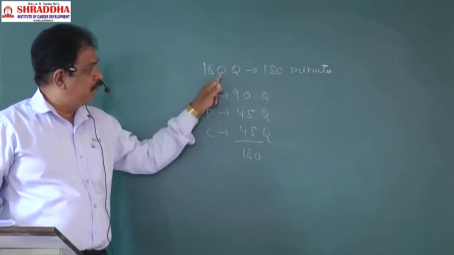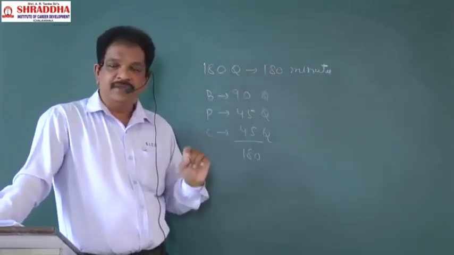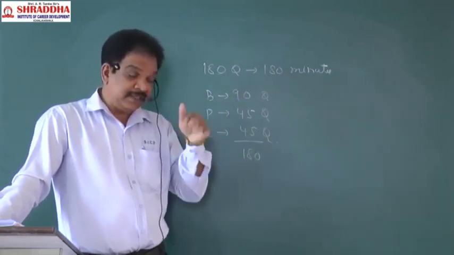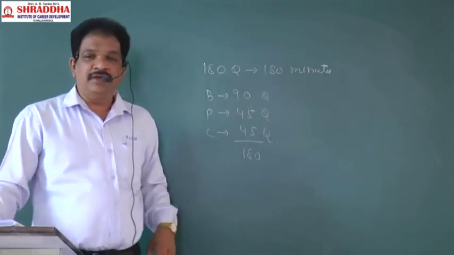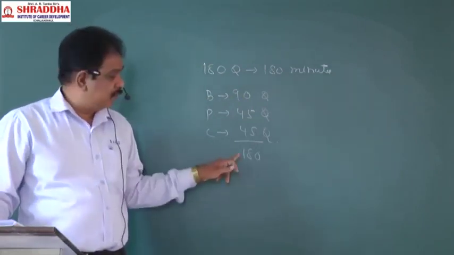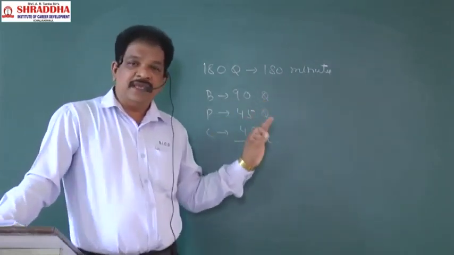Here you should be fast. Reading skills should be fast. Calculations should be fast. And skip the steps. No need to write each and every step. If you practice like that, you can save time.